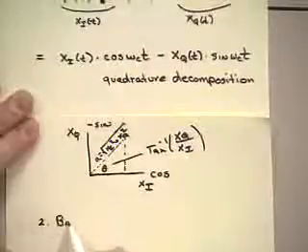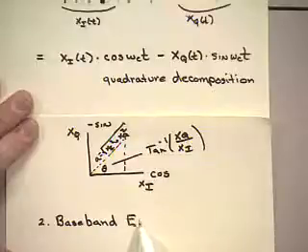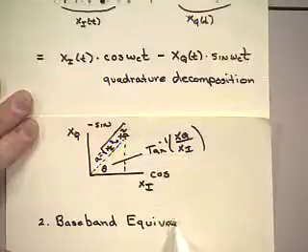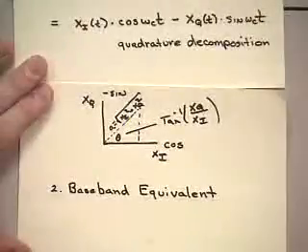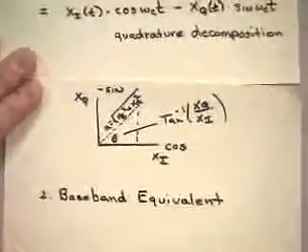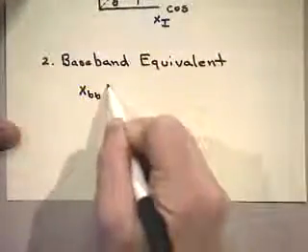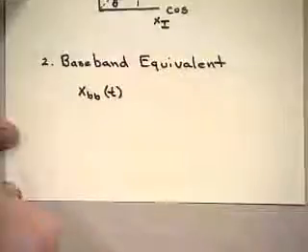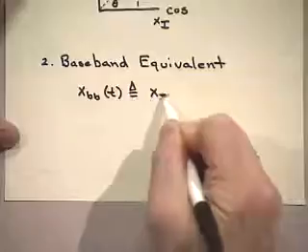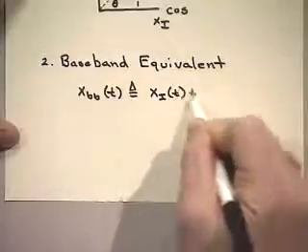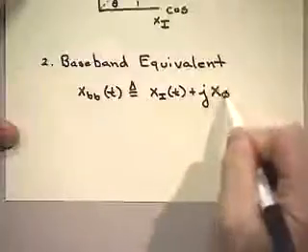which leads me to the definition of a quantity that is heavily used in passband analysis of the type that we're going to pursue, and it's called the baseband equivalent signal. XBB, or baseband of t, is defined as xi of t plus j, which is the square root of minus 1, times xq of t.